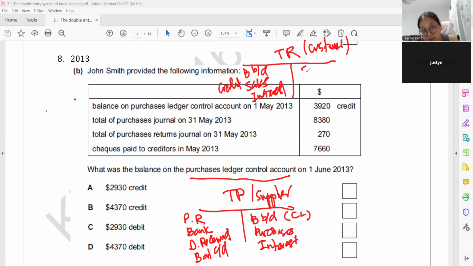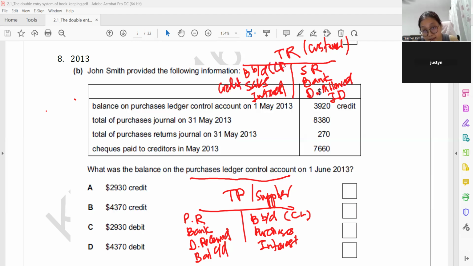And then if the customer returns the goods, sales return. Customer pays money. And then we give discount allowed. And sometimes in this trade receivable, you may have the irrecoverable debt. Okay. So that is the standard items for the trade payable and trade receivable.